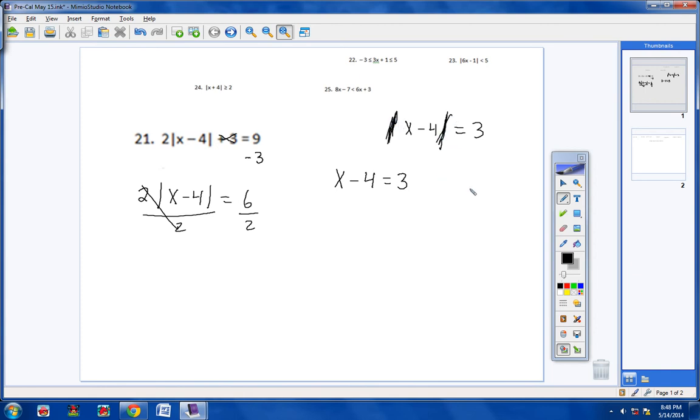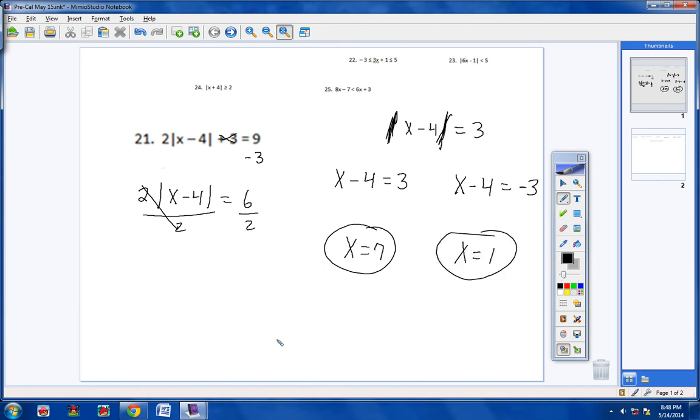Then you don't change anything. You write it again, except you change the number on the right side, this constant term by itself, and you change that to a negative 3. Okay? Now let's go ahead and solve each equation, and you'll get the correct answer. Bring your negative 4 over and make it a positive 4. x equals 7. Bring your negative 4 over and make it a positive 4. x equals 1. Okay? And we do not need to check these. These will work.